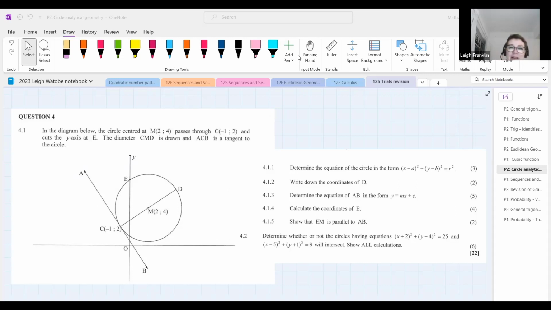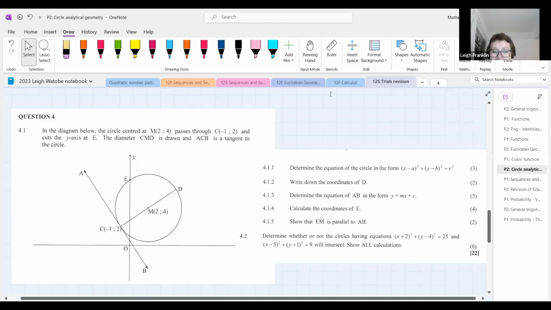You and Mbalenhle are neck and neck here. Brilliant. Well done to both of you. Perfect. So that gives you 10 marks out of 22. Let's see if you can do the coordinates of E and 4.1.5. I suppose this question is always going to be a little bit more difficult.